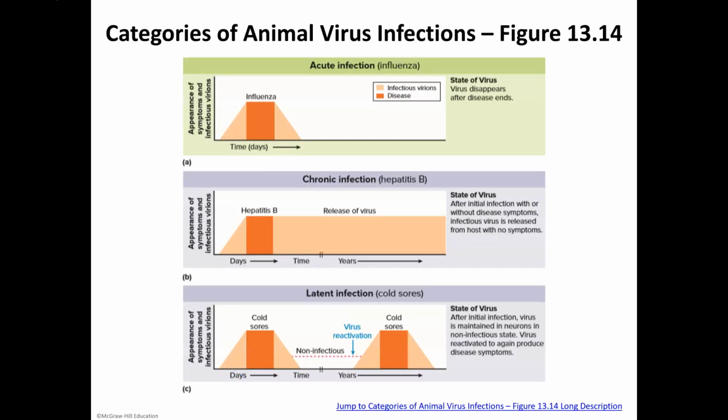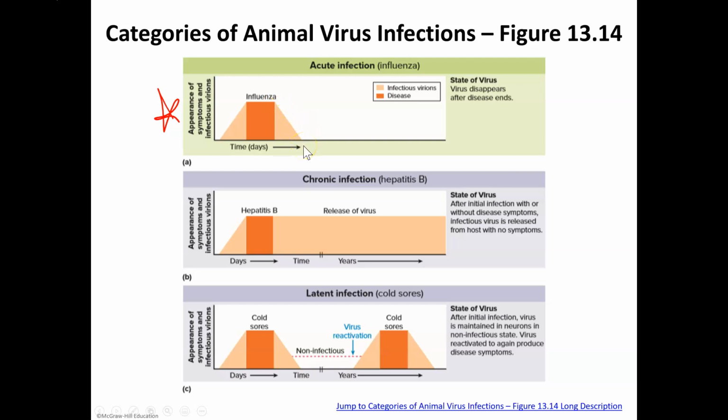So here's an example of an acute infection. Influenza has a very short incubation period, anywhere from 24 hours to about 72 hours, and then has a very short span before the virus is eliminated from the body.